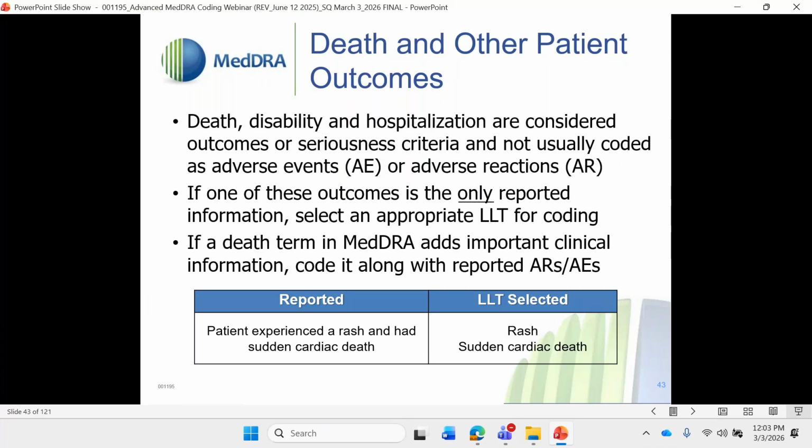So do note this important point on how to treat these three outcome concepts: death, disability, and hospitalization. You only code them if they're the only thing reported in the report, or if they add any clinical information, such as the case of sudden cardiac death. So remember those as well for our upcoming exercises.